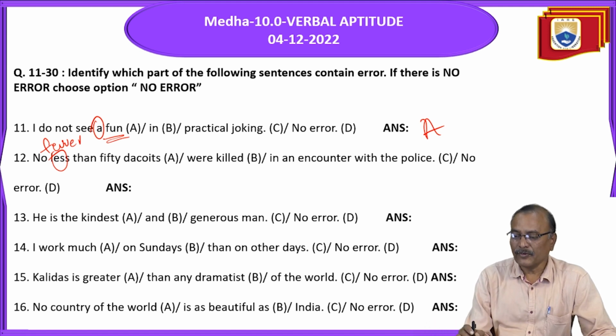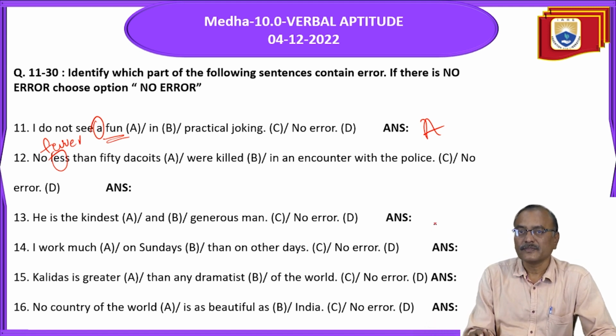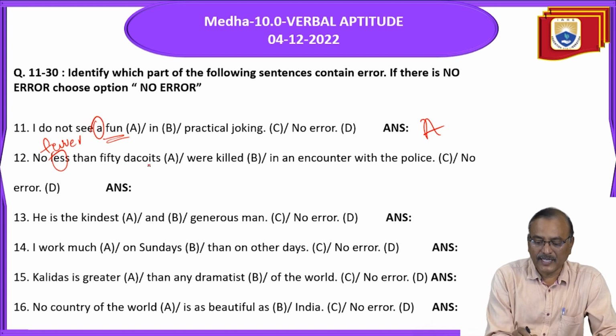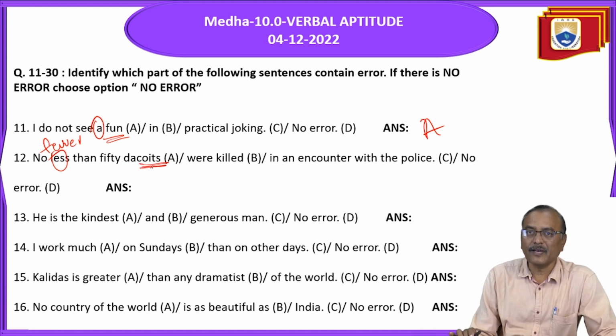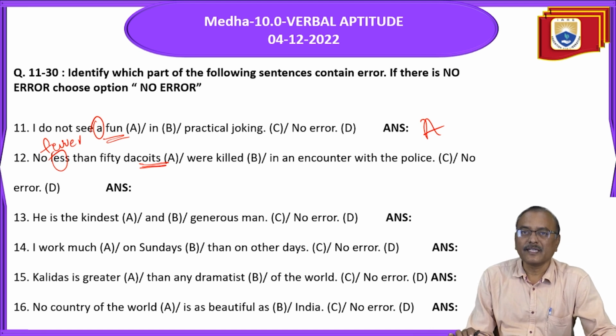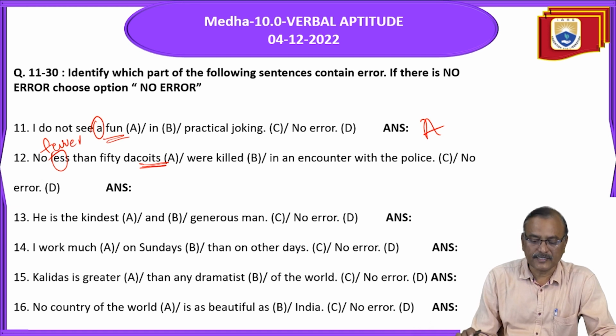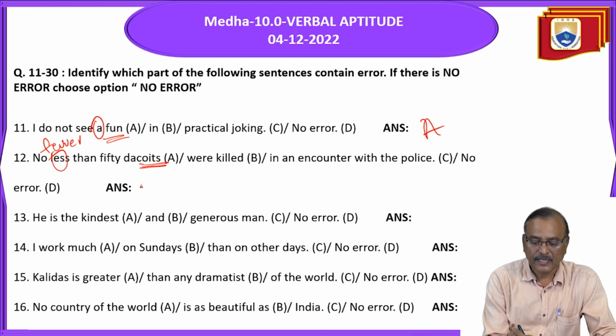Few, fewer. Is it clear? Low, less are used with uncountable nouns. But here it is a countable noun. With a countable noun, we don't use the adjective less. We use here fewer. No fewer than 50 dacoits. So answer is here A only.